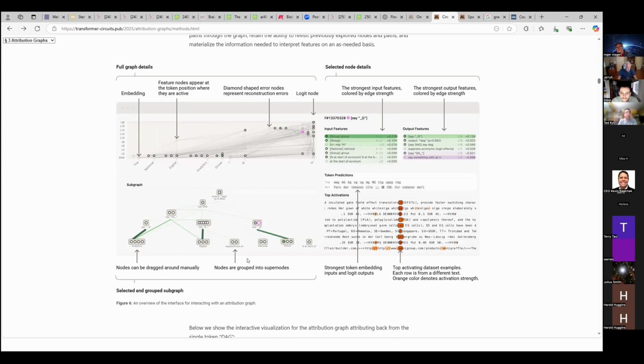Okay. So for example, here we see this dark green line, which is telling us that this supernode of these 2 features were very strongly promoted by this group of features here. Okay, so we have very high linear weights between this set of 3 and this set of 2. And so the idea is that if this set of 3 went away, if those features weren't present, then this feature might have actually not been present, might have had a very low value.